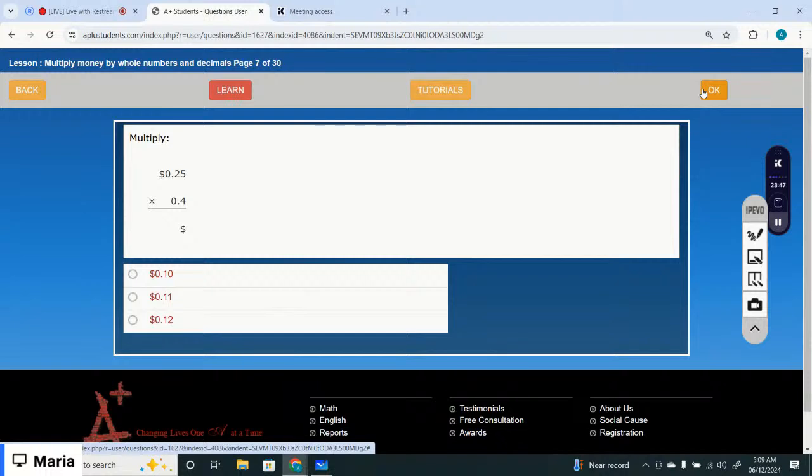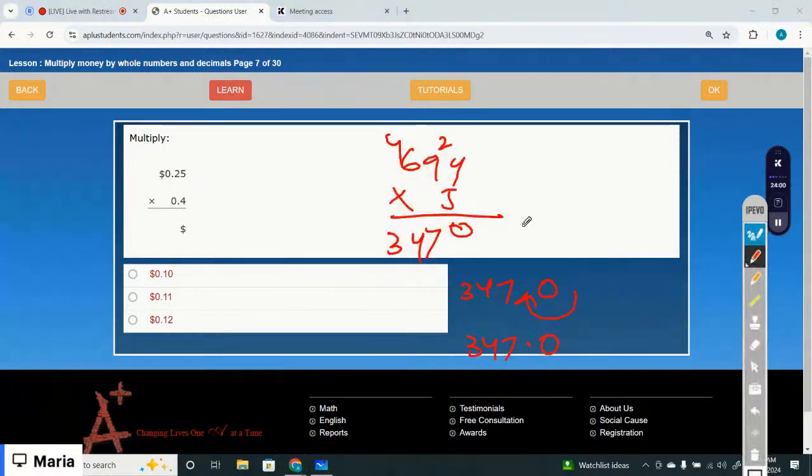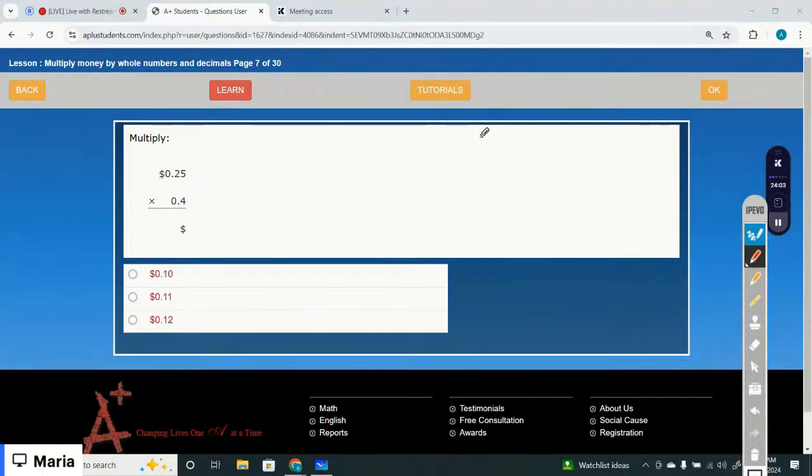0.4 times 0.25, which is the correct option? You have to multiply the numbers without a decimal point and then you can add the decimal point. Like here you have 0.25 times 0.4. So you can just multiply 25 times 4, right? So 25 times 4 is 100. This number has two decimal places and this number has one decimal. So the answer must have three decimal places. So you need to move the decimal point three places left.